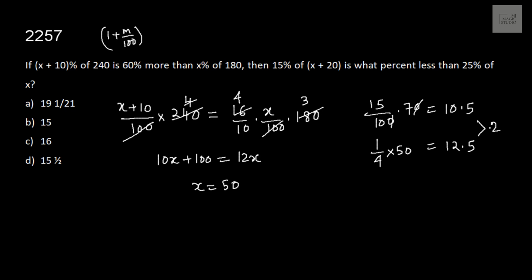In absolute terms it is 2. In percentage it would be 2 by 12.5 into 100. That is 16%. So 15% of x plus 20, that is 10.5, is 16% less than 25% of x, and that features in option C.